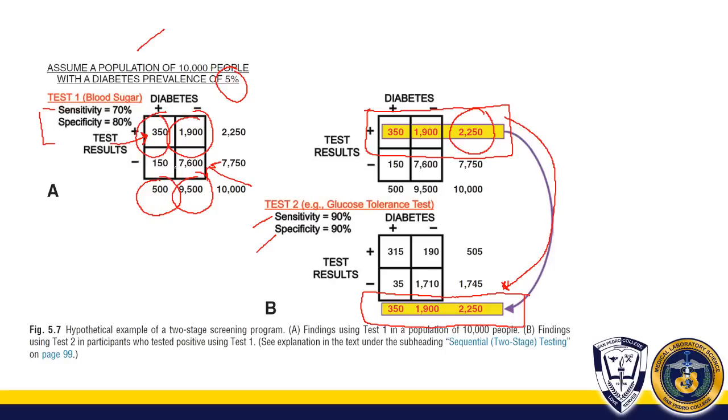So, compute nato na siya. 350 times 0.9, you would get a value of 315. 1,900 times sa 0.90 sa specificity, then we will get a value of 1,710. Then, fill in na dayon, minus lang. So, naa nata 2 by 2 na table nato for your test 2.